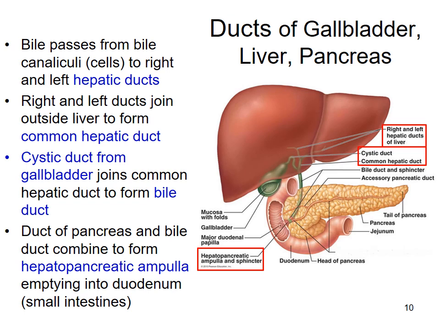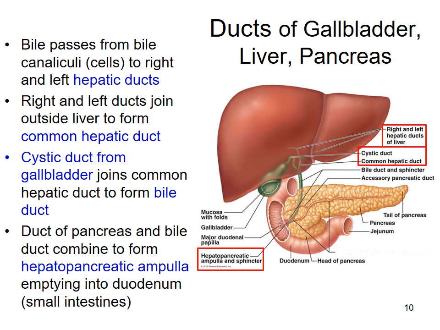These, the left and the right, will then merge together to become what we call the common hepatic duct. And the common hepatic duct will actually be joined by the cystic duct. And when it is joined by the cystic duct, then we call it the bile duct. The cystic duct comes from the gallbladder.